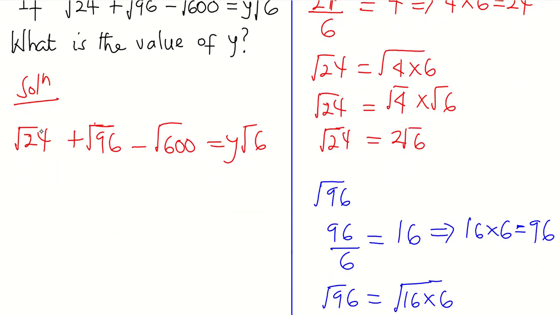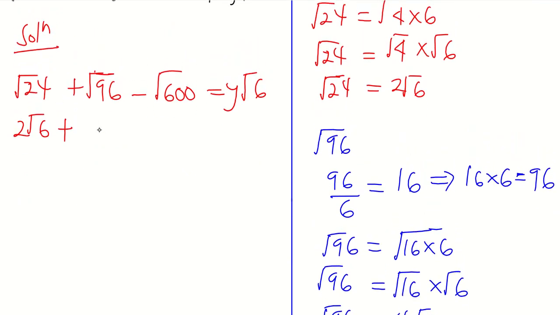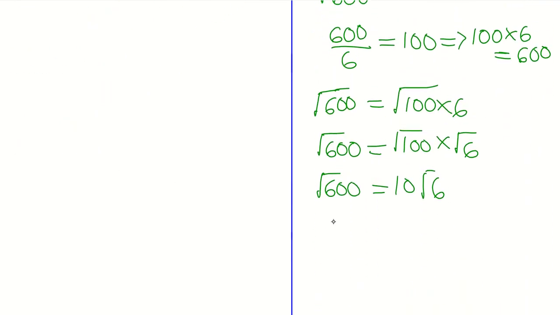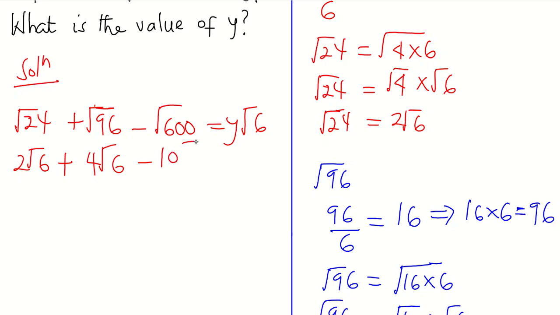Now we know square root of 24, its reduced form is 2 root 6. So you have 2 root 6 plus, now the square root of 96, we know its reduced form to be 4 root 6. So you have 4 root 6 minus, for the square root of 600, we know its reduced form to be 10 root 6. So we write it as 10 root 6, giving us y square root of 6.